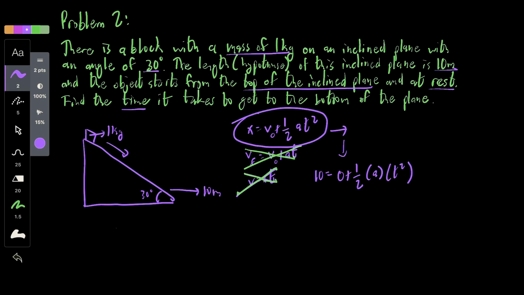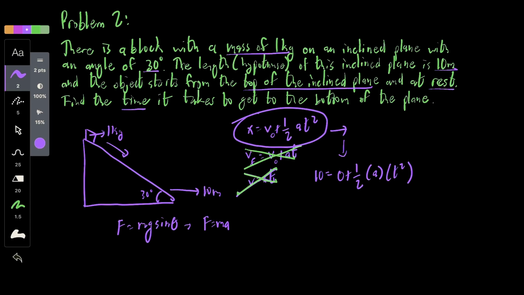Now, we know from earlier that our force is equal to mg sine theta, but our acceleration is equal to force divided by mass because of Newton's second law, which I already said earlier that we are going to be using, along with Newton's laws and other stuff in this.